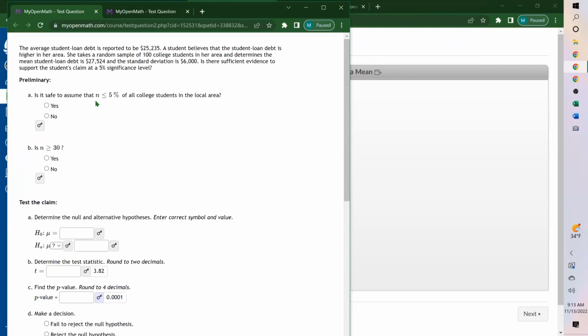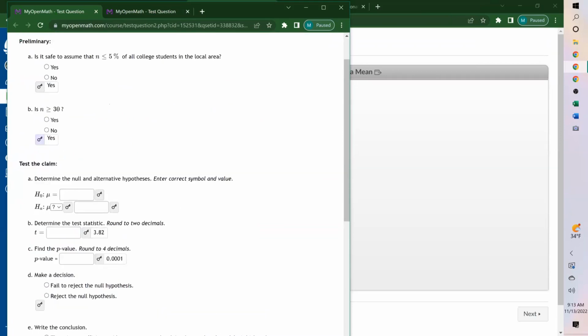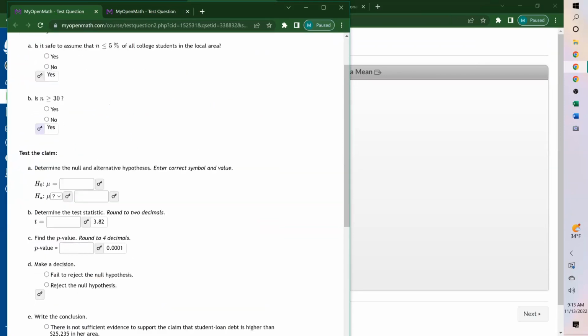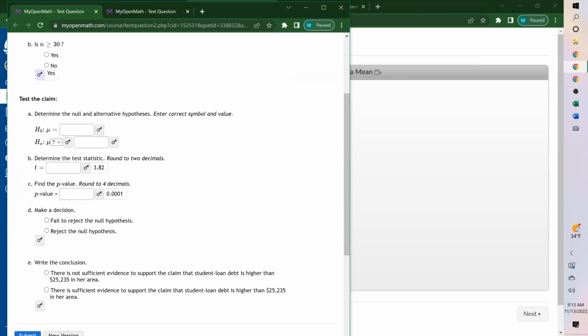Is it safe to assume N is less than or equal to 5% of all college students in the local area? Yes. Is N greater than or equal to 30? We have 100 students. Yes. Determine the null and alternative hypothesis.